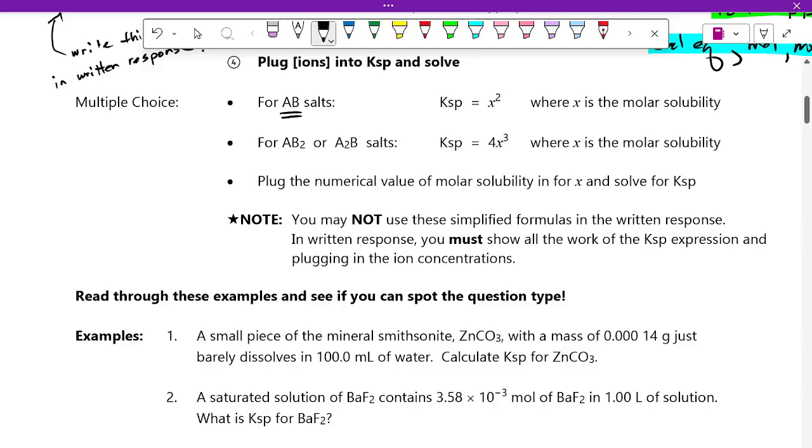Read through these questions and see if you can spot the question type. See if you can tell, is this a find the KSP question? Circle or highlight the part that tells you that this is a type 1 question.